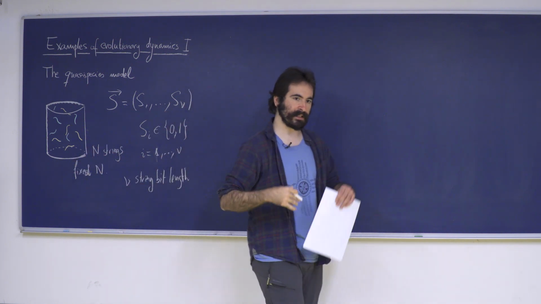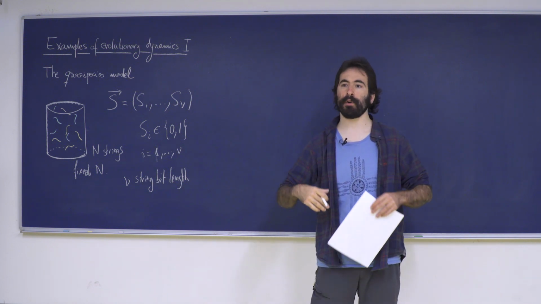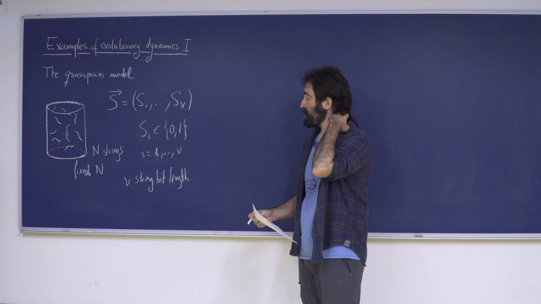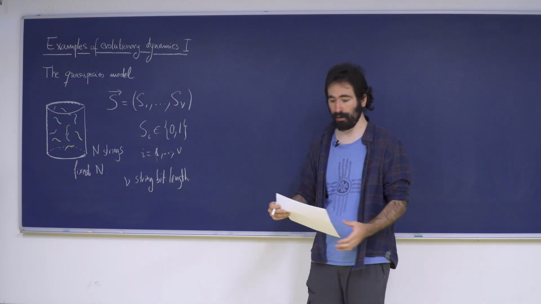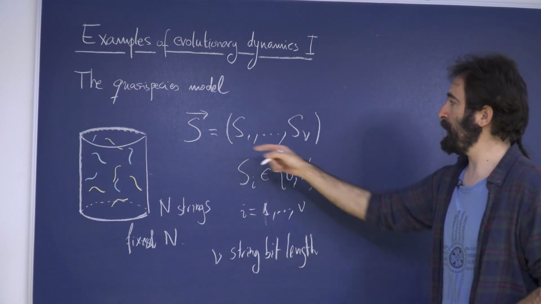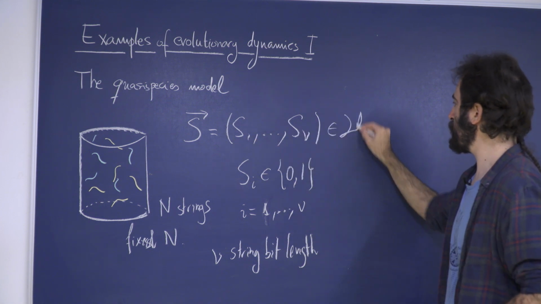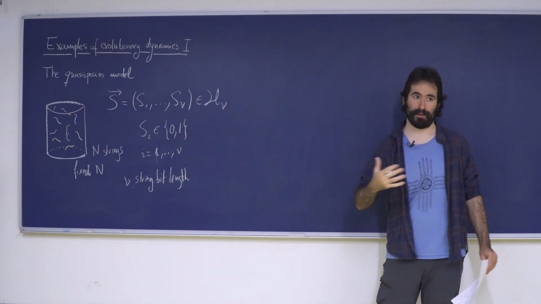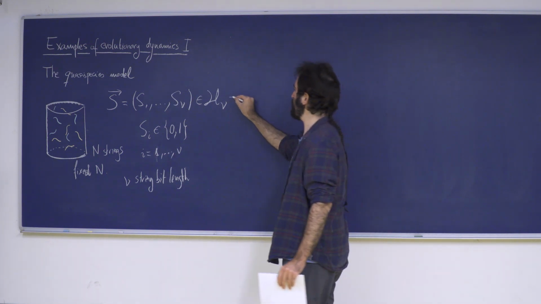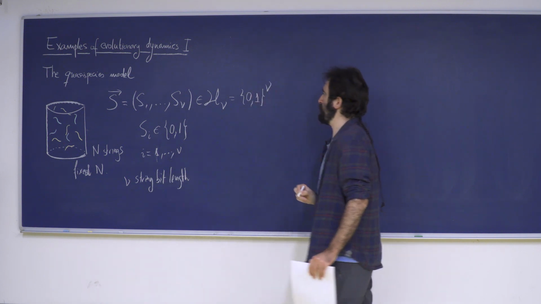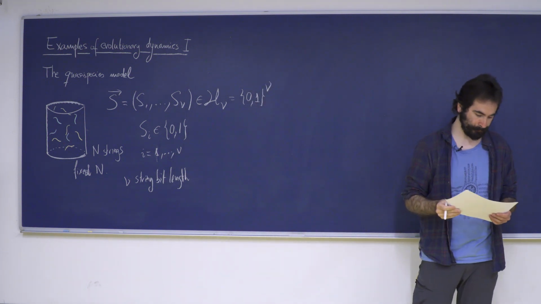And the point is that these strings are going to be replicating and they're going to be making mistakes in this replication. Notice that from the notation we have already established in this course, we could say that this object belongs to the hypercube of length nu, which is defined as this set.